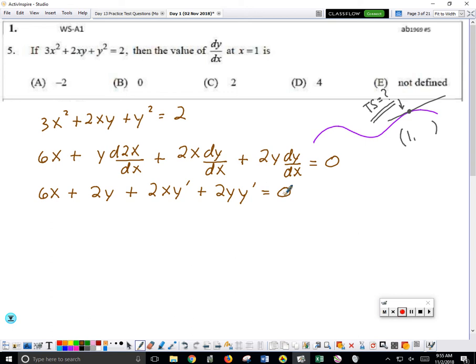Cool. Need to rearrange here. So I get 2x y prime plus 2y y prime. It's going to equal negative 6x minus 2y. Questions? Keep going.